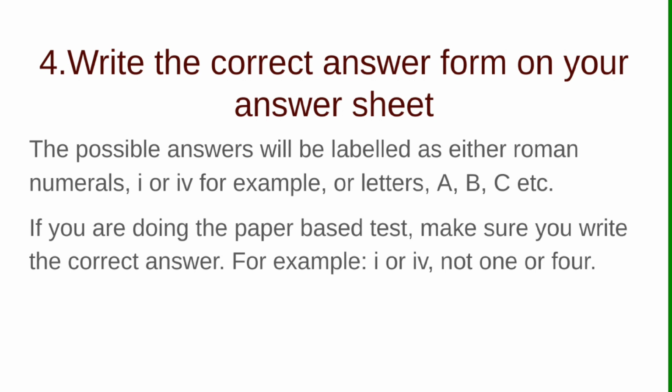So for example, I or IV as 1 and 4, and not the way you normally would in English, either as the 1 as a number or 1 as ONE. Write it as the Roman numeral I.